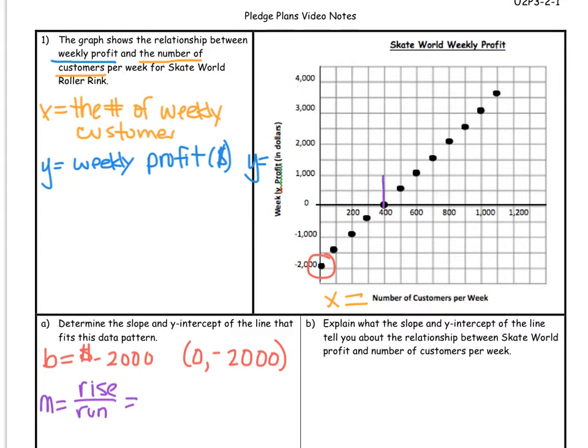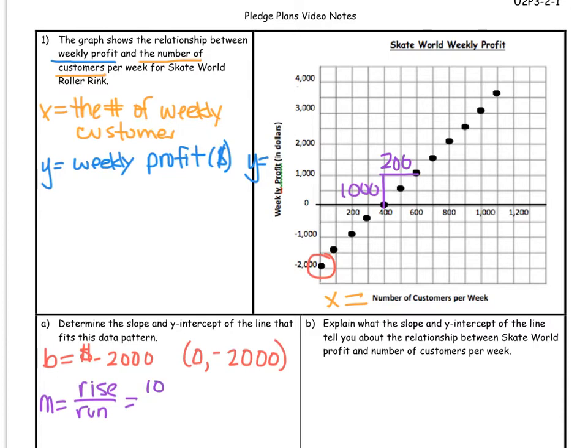So here's my rise, and here's my run. Keep in mind our y-axis is counting by 500, so this is 500 and 1,000. So my rise is 1,000. And our x-axis is counting by hundreds, so from 400 to 600 is 200. So my run is 200.